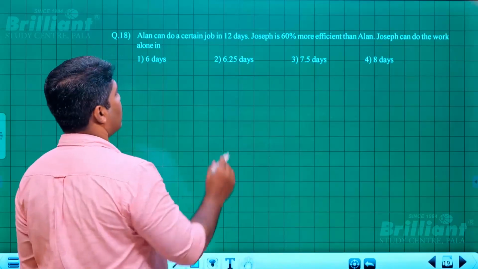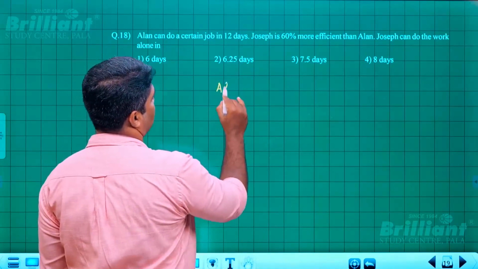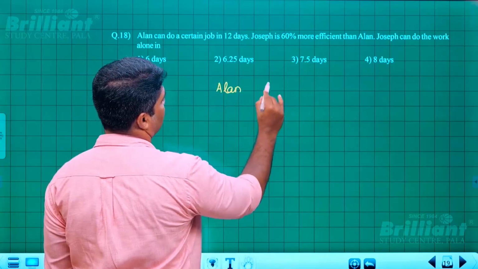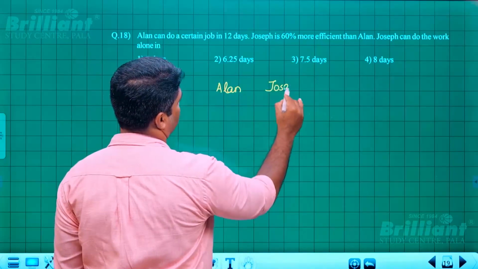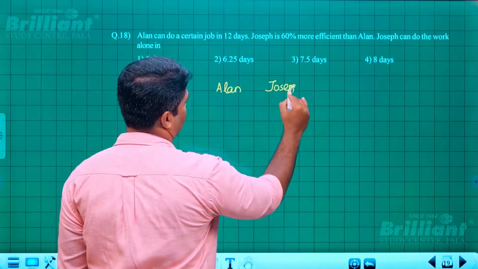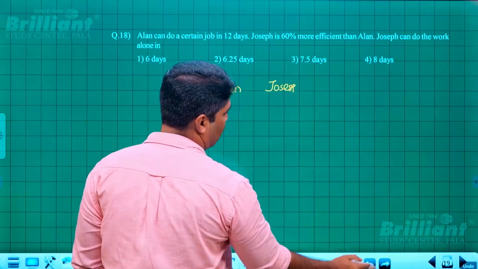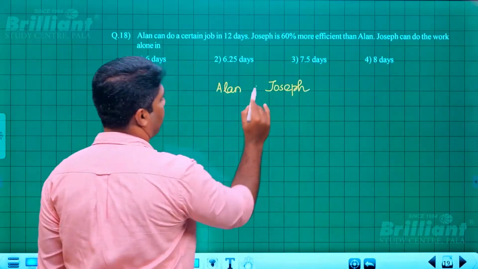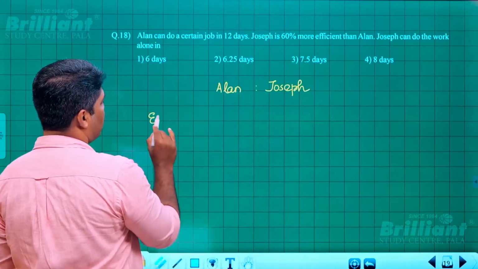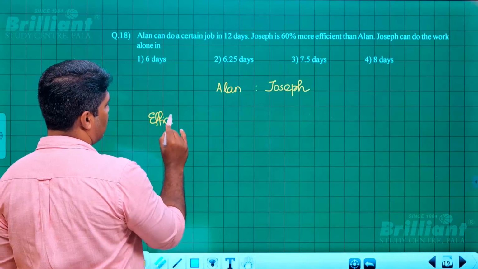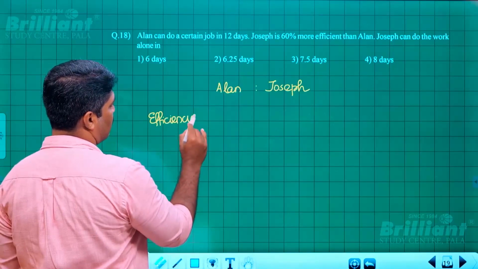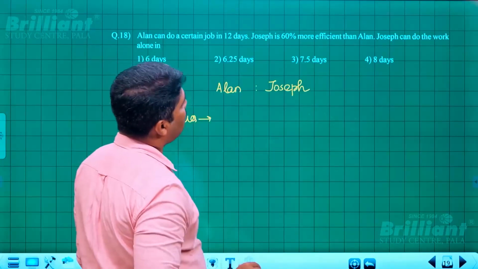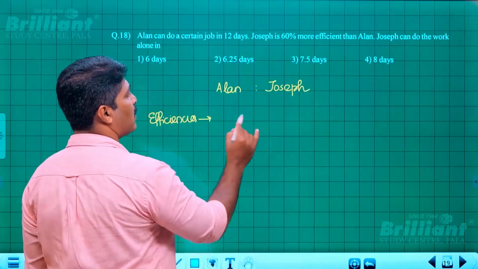First of all, we consider the ratio of the efficiencies of Alan and Joseph, and how that will affect the number of days. It is given that Joseph is 60% more than Alan.